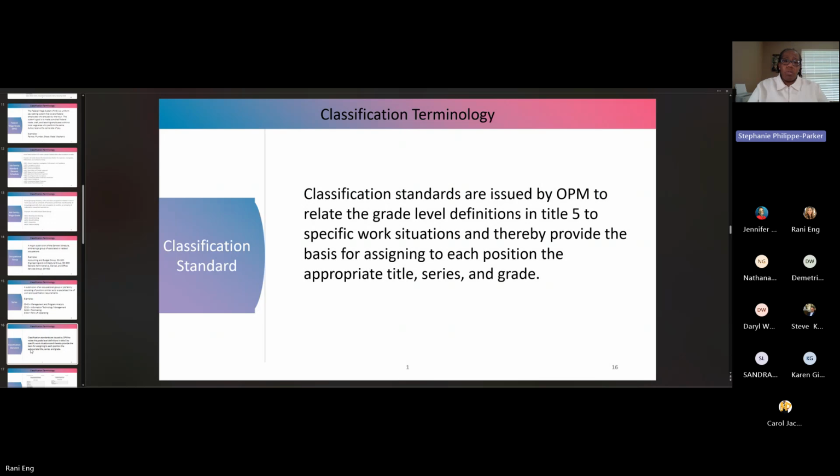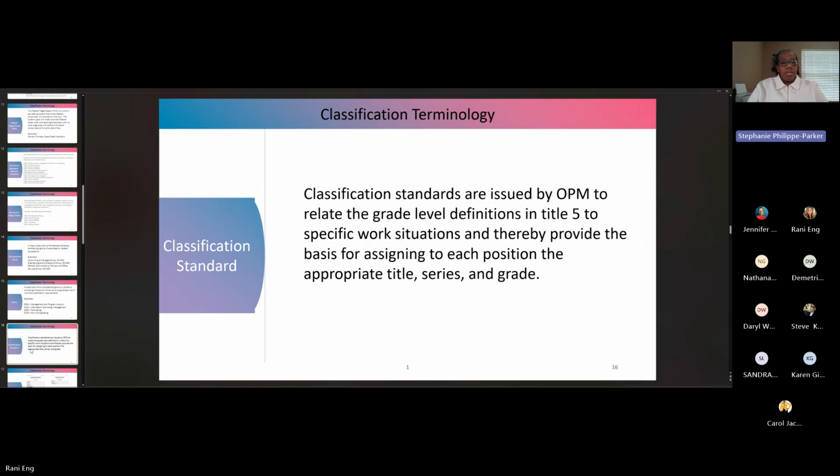If you go to the VA or Department of Labor or to Army, we are all using the same classification standards to classify position descriptions. It is essentially the specific tool we use to evaluate and determine the appropriate grade of a position.